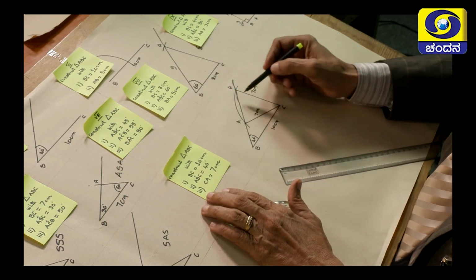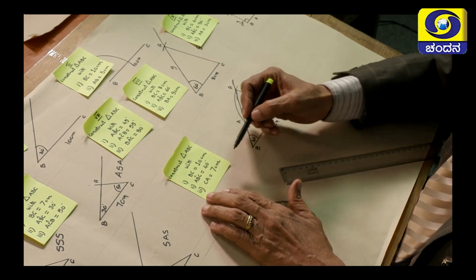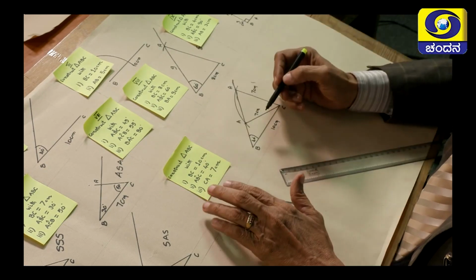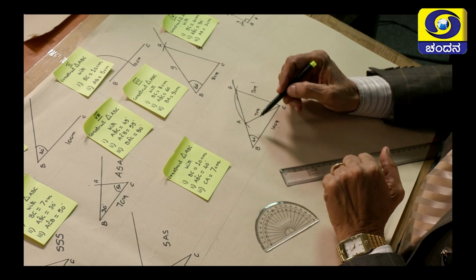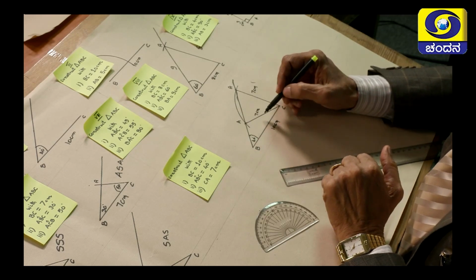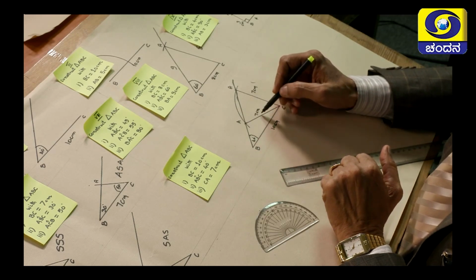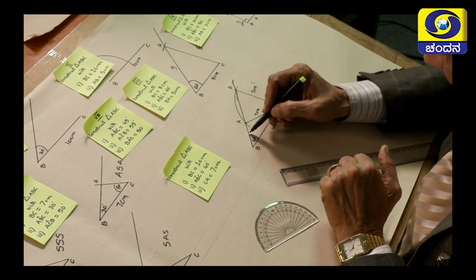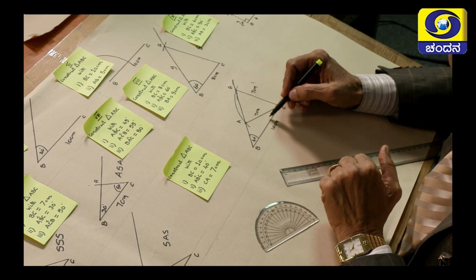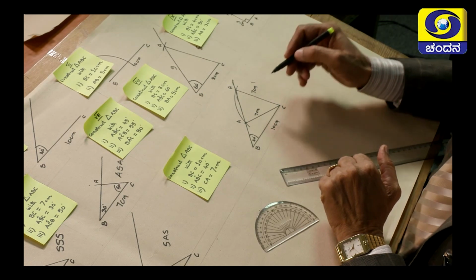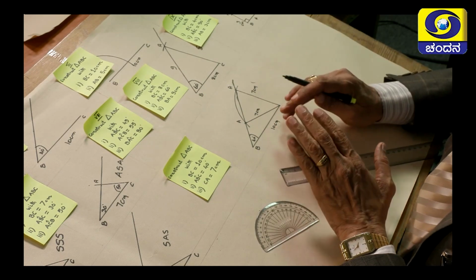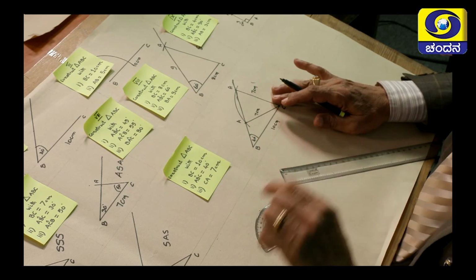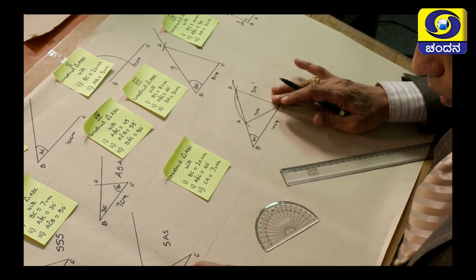Do you know why we got two triangles for these measurements? The answer is this: the angle given is not included between these two sides. These are the two sides given. If the angle given is not included between these two sides, we are going to get two different triangles, whereas here two sides and an included angle is given.